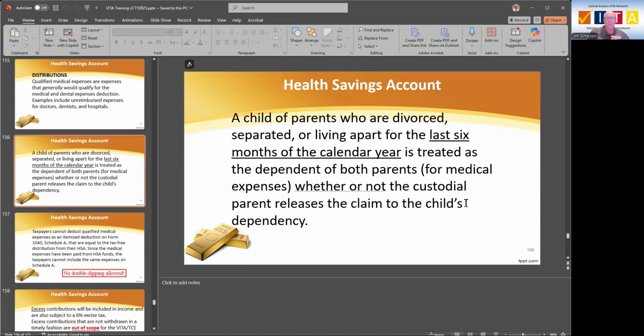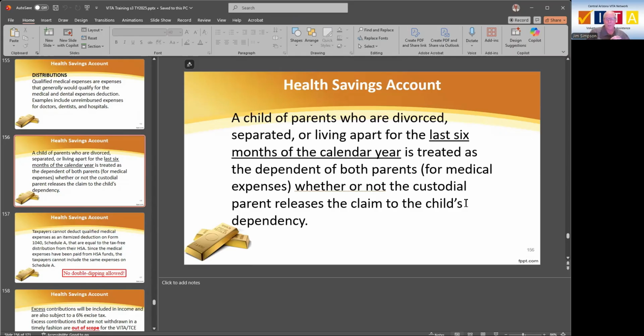What this is saying is that if the other spouse, who's not entitled to the dependency exemption, pays the healthcare cost, they get to be able to use their health savings account to pay for it. So it's treated as their dependent for that purpose.